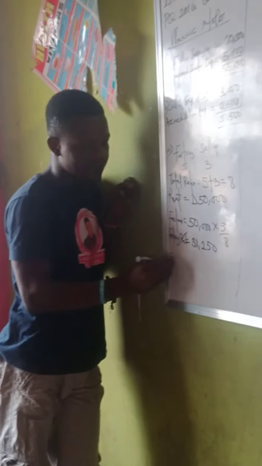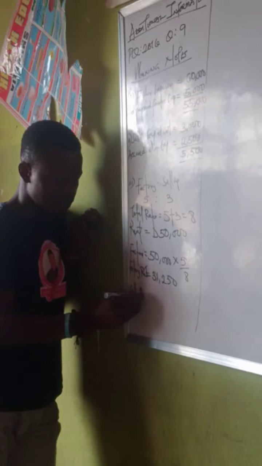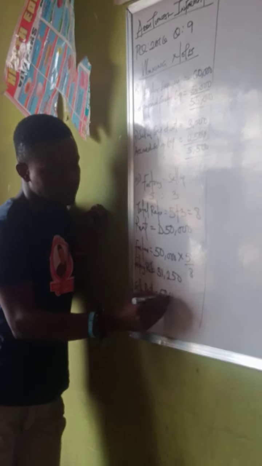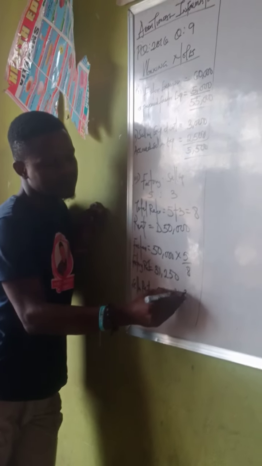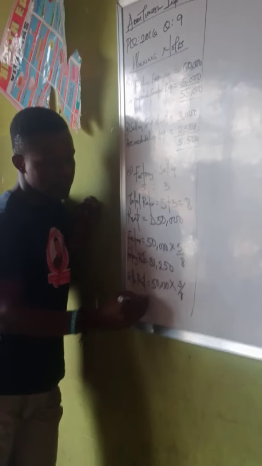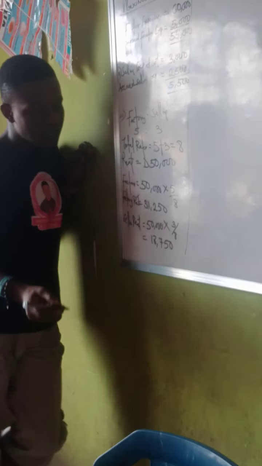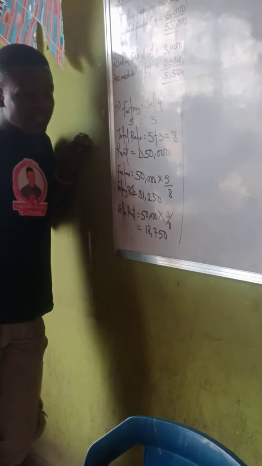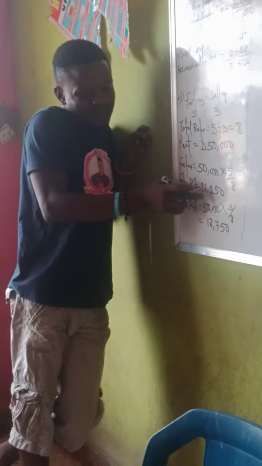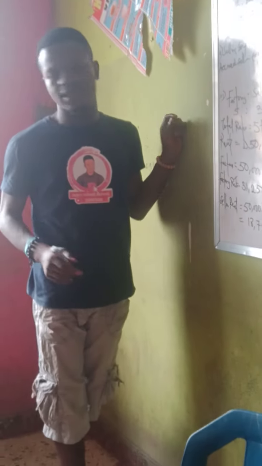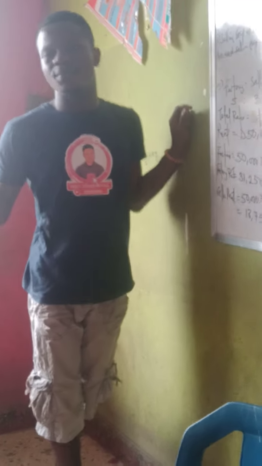Now for the selling rent, same process, 50,000 times 3/8, which is 18,750. Now, if you add these two together, it equals 50,000 naira. So, we are done with the working notes there.